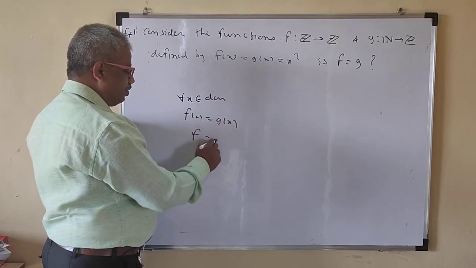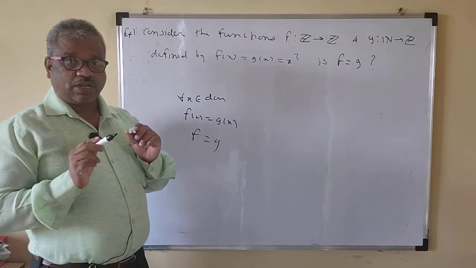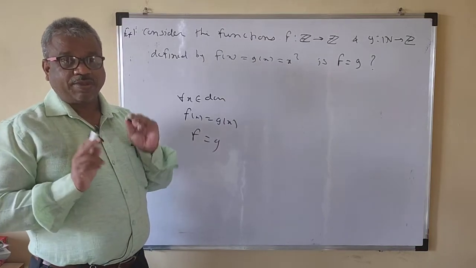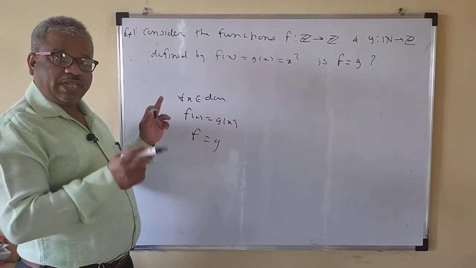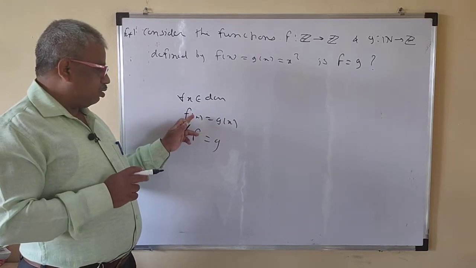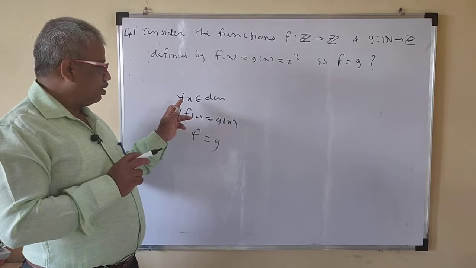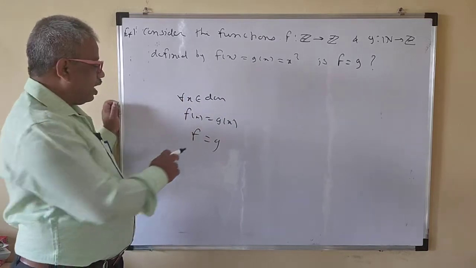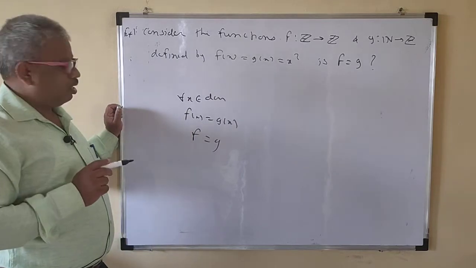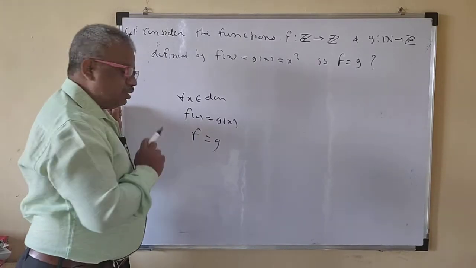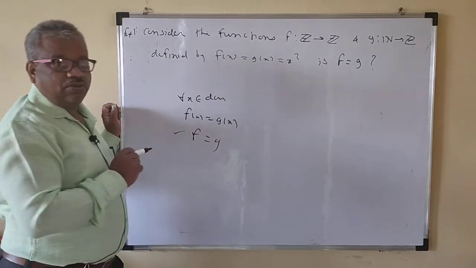Then we say that f is equal to g. So the first important thing is that domain and codomains are equal in the definition. And x is in the domain and f of x equals g of x is true for every x in the domain of f and g. Then f is equal to g.